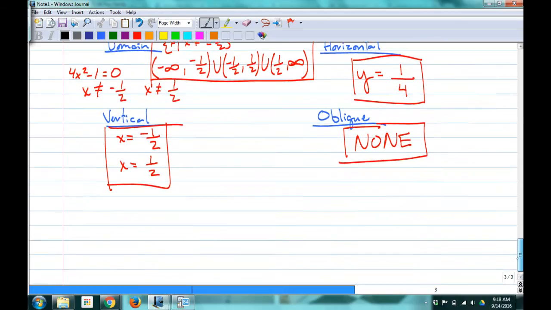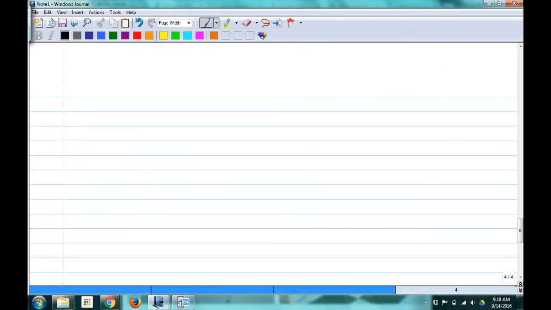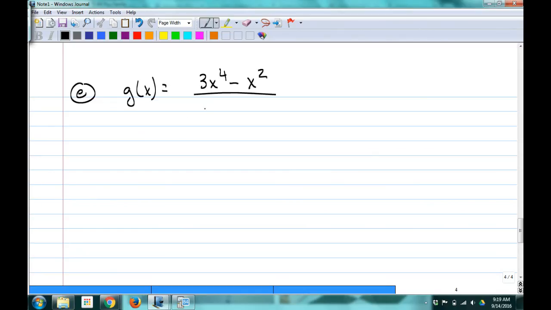Let's look at the next one. Here's our function, g of x is equal to 3x to the 4th power minus x squared over x cubed minus 8.